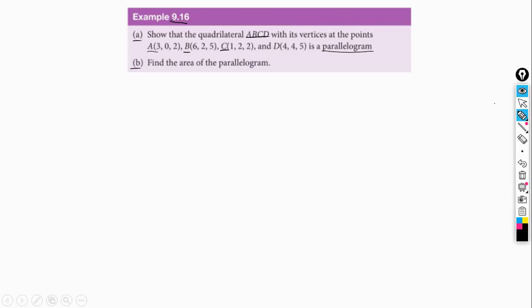And then B, find the area of the parallelogram. Okay, so before we do this, you have to take into account where these points are in the three-dimensional plane, because we're tempted to write the vertices in order, right? Whether it's clockwise or counterclockwise. But in reality, we have to imagine where they are in the 3D plane.